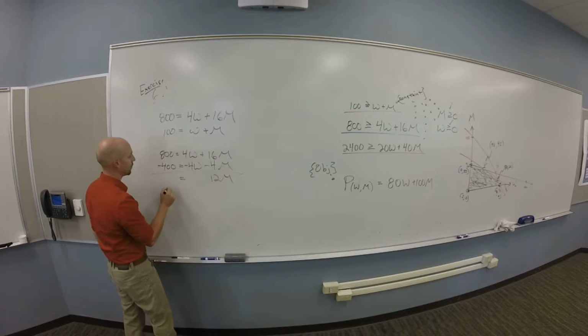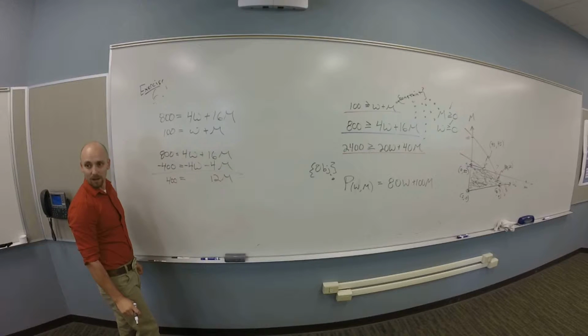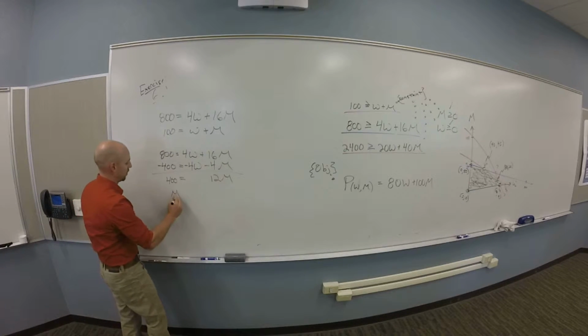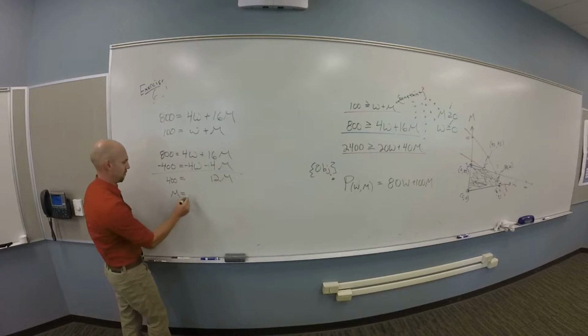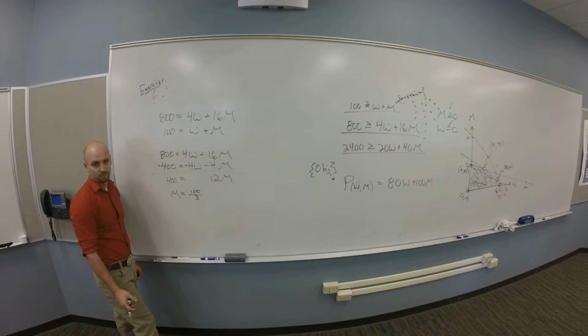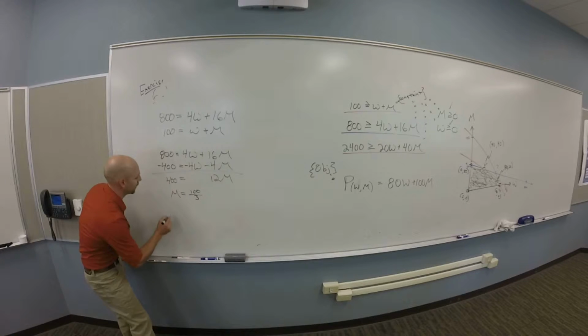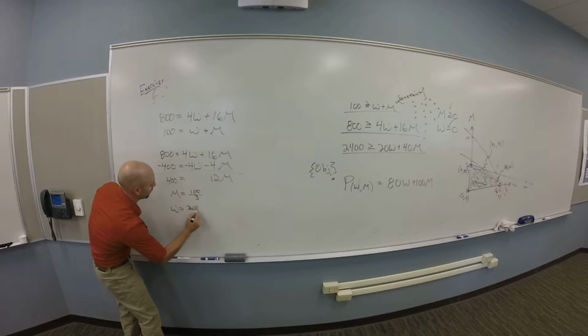I get 12M is 400. That'll tell me M is something? 33.33. 100 over 3. And that would mean that W is 200 over 3.